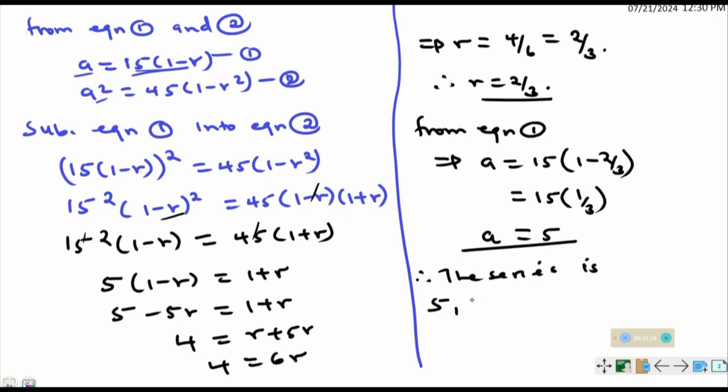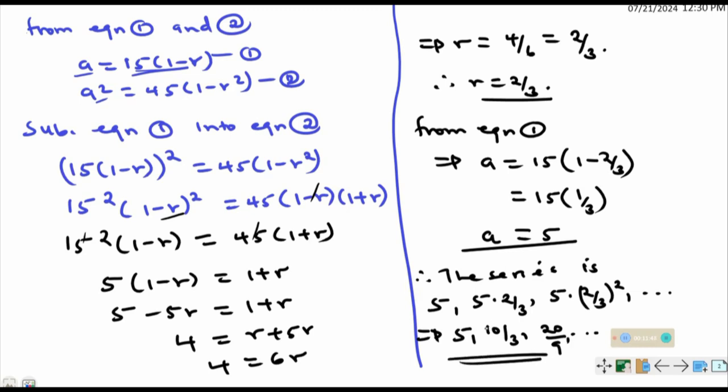Then the next term was ar, that is 5 times 2 by 3. The next term was ar squared, 5 times 2 by 3 squared. And it goes on like that. So in general, we shall have our series as 5, 10 by 3. This is 5 times 4 divided by 9, that is 20 by 9, and our series continues like that. So this one here will be the required series.